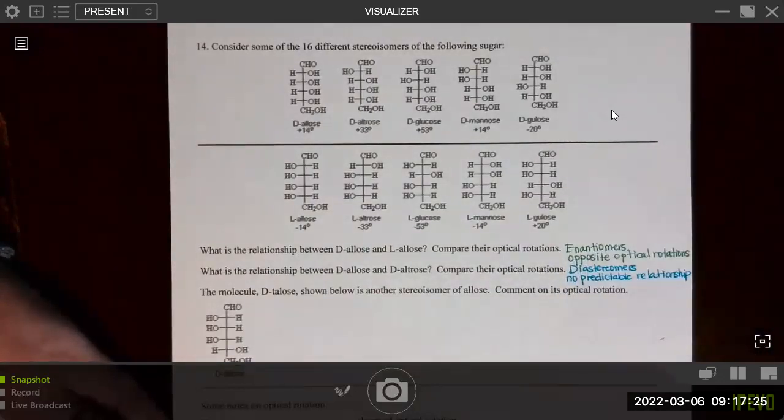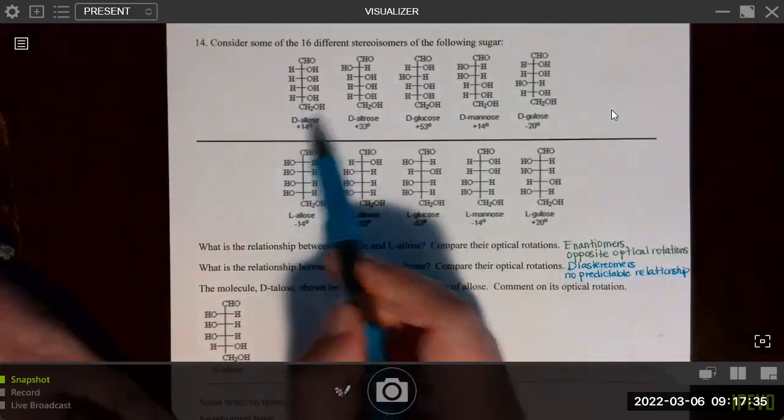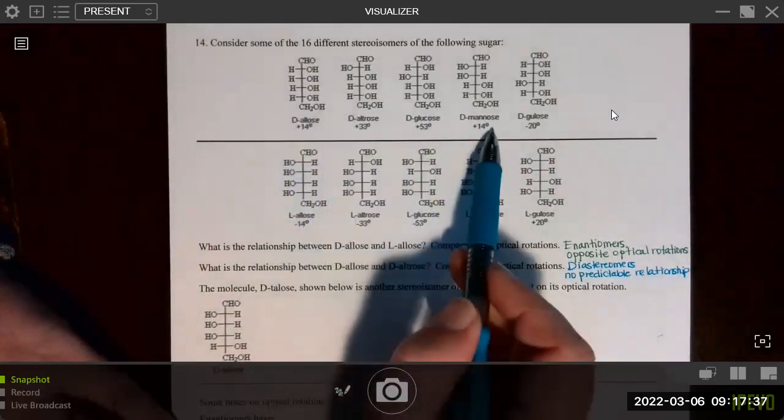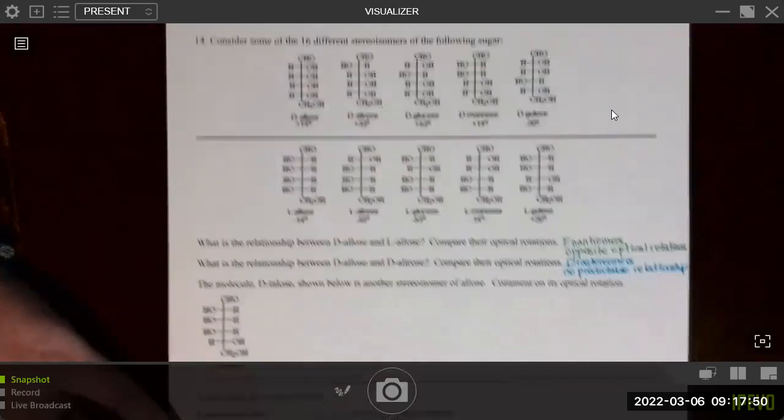So with diastereomers, we can't know or predict the different optical rotations. As you can see, it could even be the same. Look at these two that are related as diastereomers, and they actually even have the same optical rotation. So we can't even predict that they'll be different. We just have no idea what it will be with diastereomers.